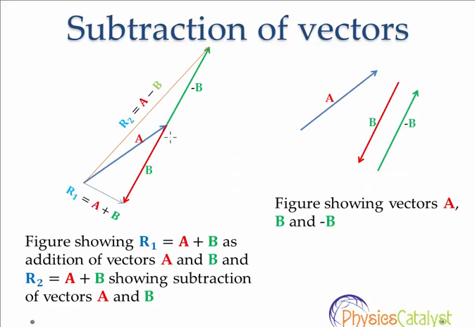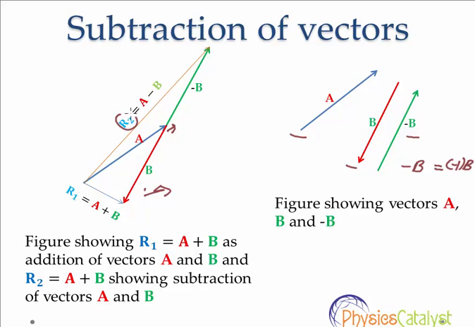To understand subtraction of two vectors, let us consider two vectors A and B as shown in this figure. Now this figure also shows a vector minus B, where minus B is equal to minus 1 times B. So, as we stated earlier, the difference of two vectors A and B would be equal to the sum of two vectors A and minus B. Now, to obtain the difference, we would place vector minus B in such a way that its tail is at the head of vector A. So, this figure shows both addition and subtraction of vectors A and B for the purpose of comparison.